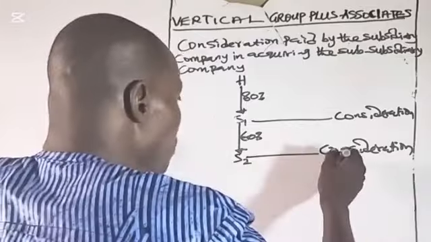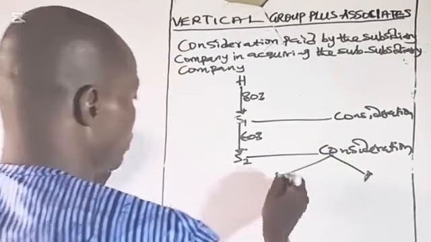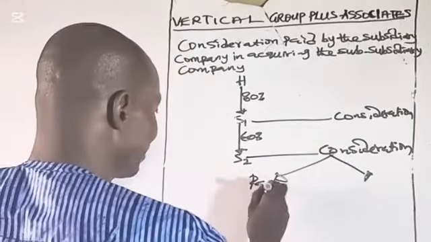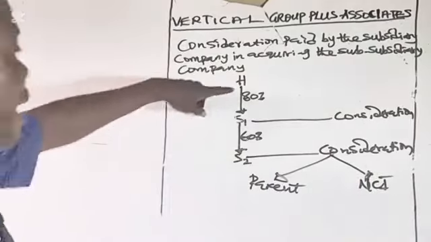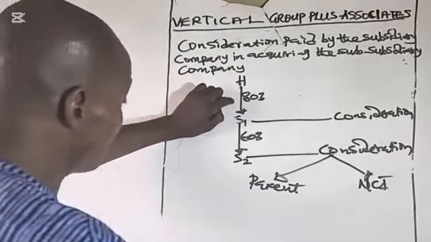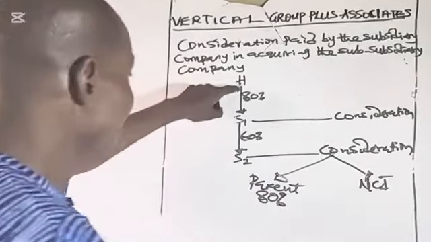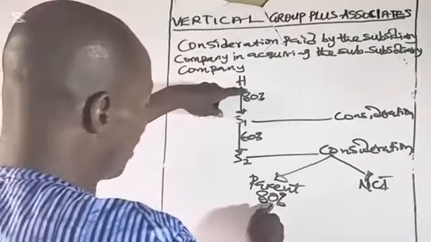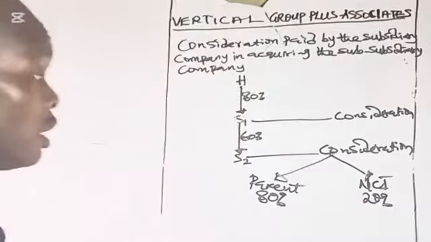This consideration, you will divide it into two: parent and NCI. Remember, the stake of parent is 80%. It is this 80% that will be used, while if 80% belongs to the parent, the remaining 20% belongs to NCI.